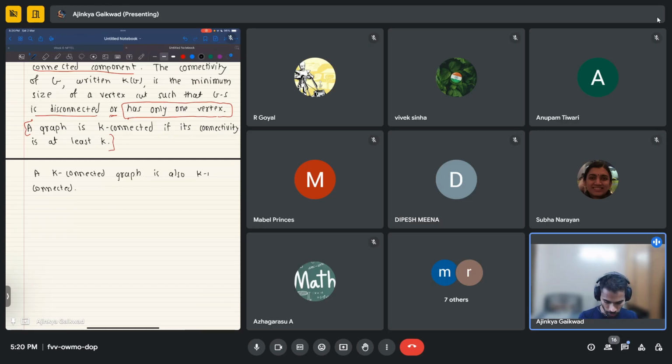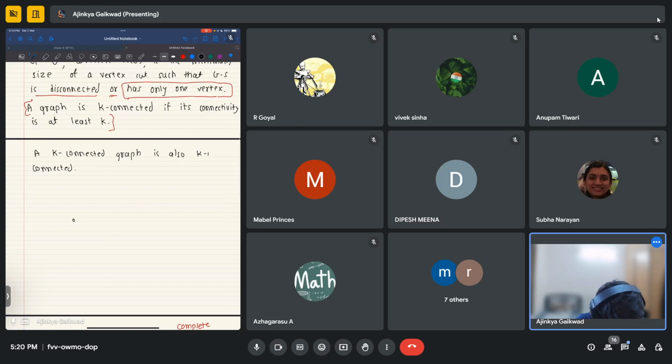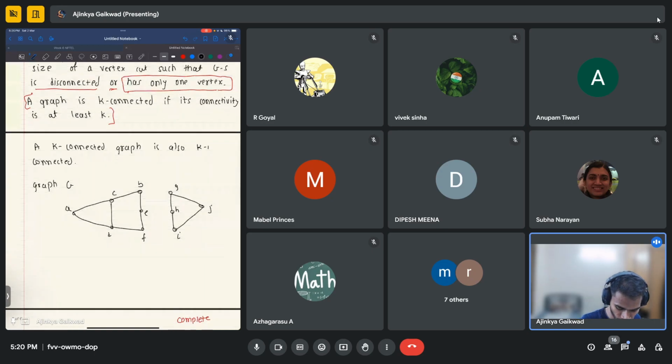Okay. So let me give you a graph G and ask you a question. So let's say you have A, B, C, D, E, F, G, H, I, J. So let's say this is my graph G. So my first question is, is this graph 1 connected?